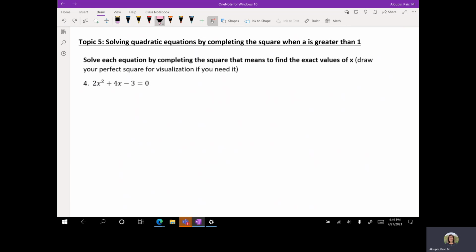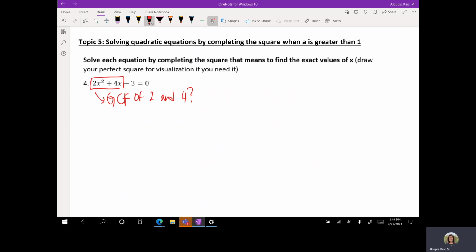Okay. What I'm going to do is focus just on the first 2 terms, and I'm going to say, what is the GCF of 2 and 4? The greatest common factor of 2 and 4, well, what are the factors of 2 and 4?